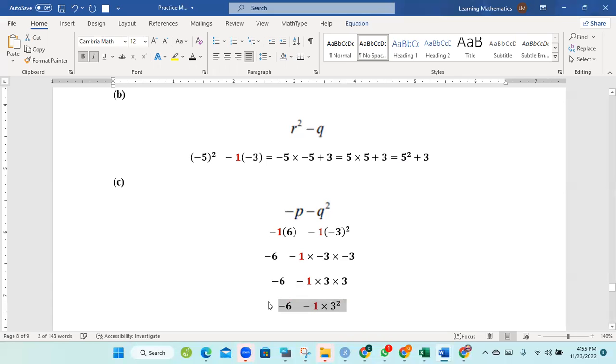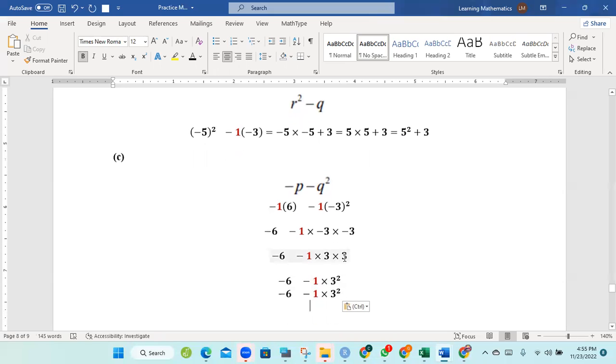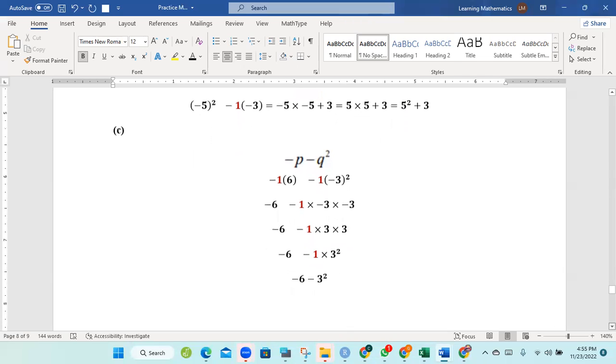So basically, we're going to have a -6 minus a 3 squared. And that's basically what is the answer. So this is the solution for this one.